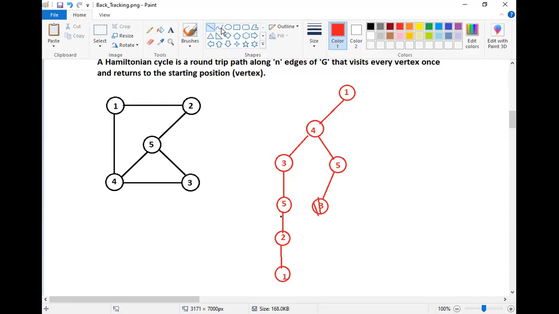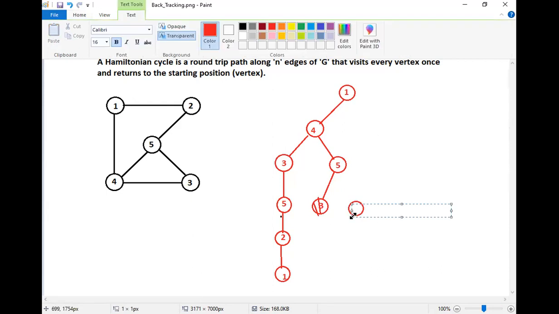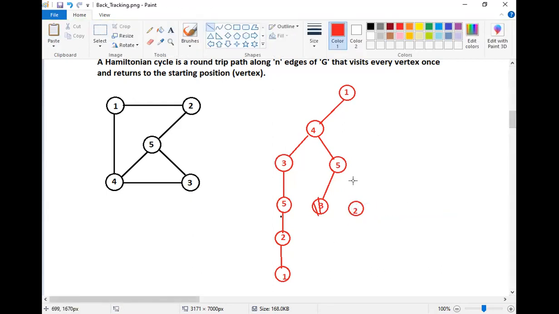2. Okay. Now I will draw one more node here, and this particular node I will call it as now 2. Correct? That means from 5 to 2 I can reach. Then from 2, where I can go? 1. From 2 I can reach to 1. What about this 1? Is this 1 root vertex, root node? 1 is the root node, right?